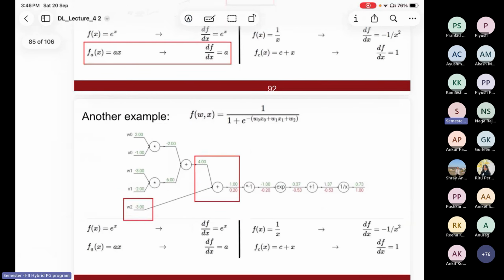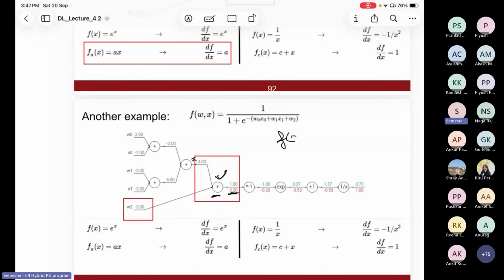Now go back. Now here, at this point, 0.20. What would be the local gradient at this point? Can you tell me what would be the local gradient here? This is the upstream gradient. What is the local function here? Let us assume this is x and this is W2.